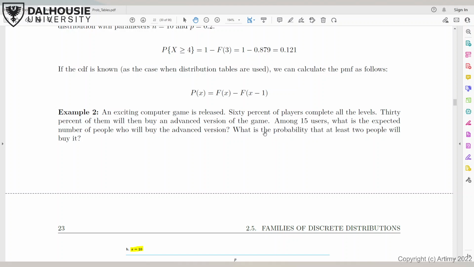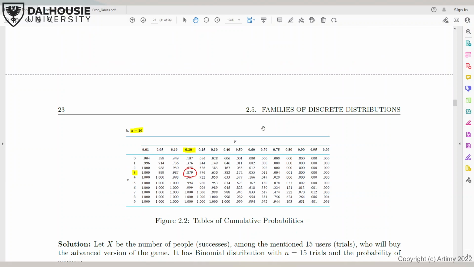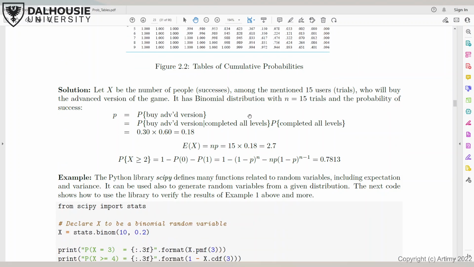So what's the probability that at least 2 people will buy it? The trick or the difficulty in this question is to find P. First the person has to finish all levels, and then among those who finish all levels will buy the game.